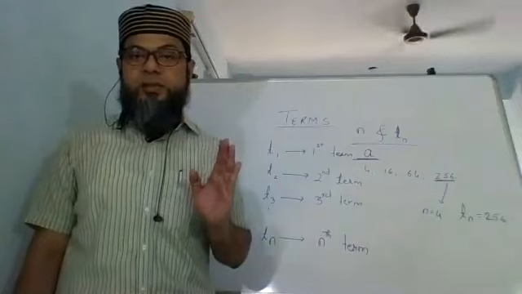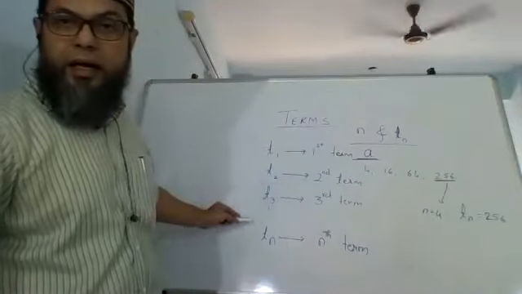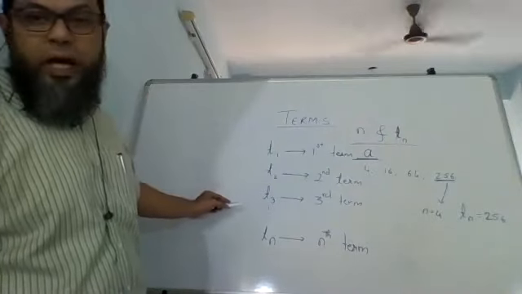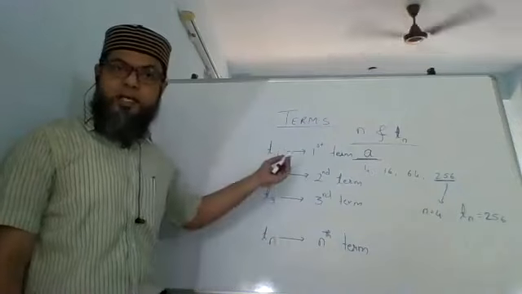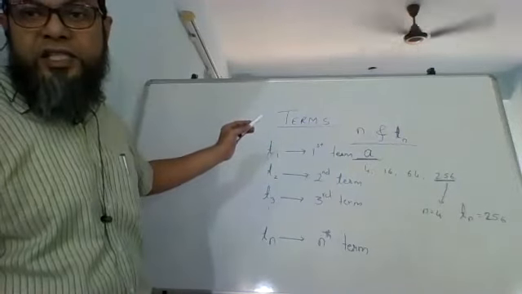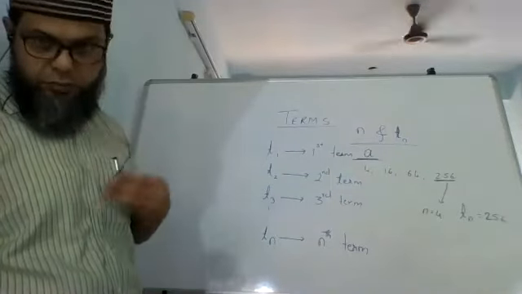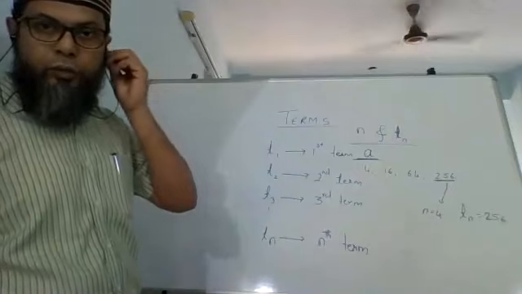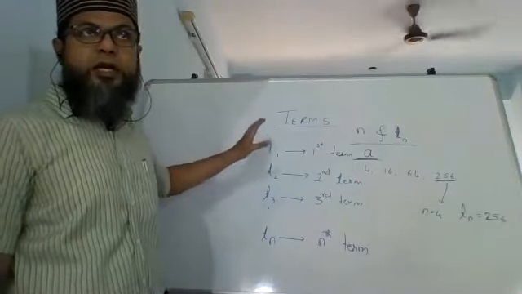Are we clear with this? A and n, Tn. As long as we are clear with this, then we will see what is the next part. Till here, any doubts? Anybody has any queries? Please ask. Anything not understood? You can unmute yourself and ask whatever you have not understood till here.